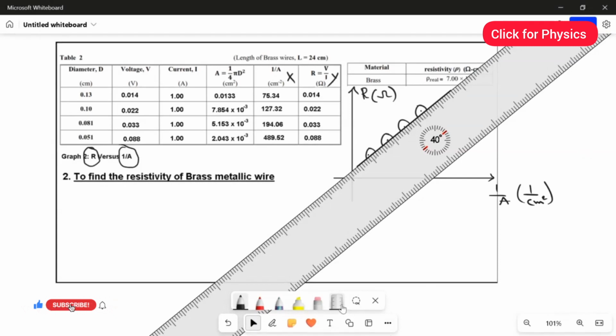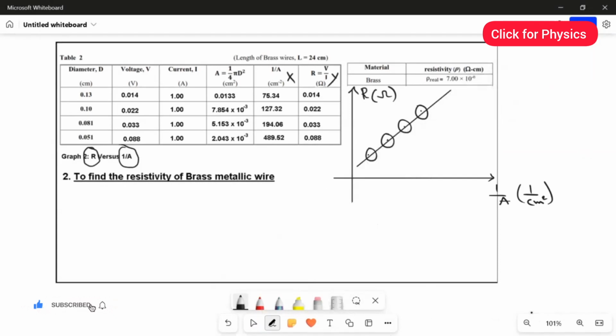For these 4 points, we have to find the slope. Again, we choose any 2 points exactly on the line. Here I'm going to choose the first point and the third point. This is your x1 value and this is your x2 value. This is your y1 and this is your y2 value.